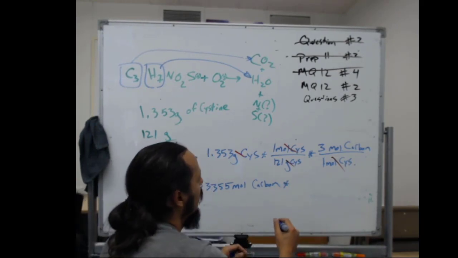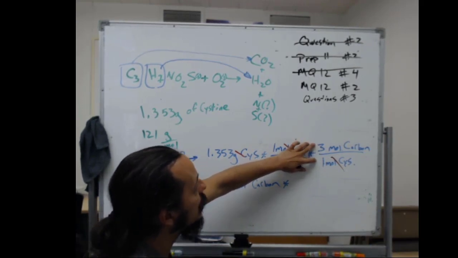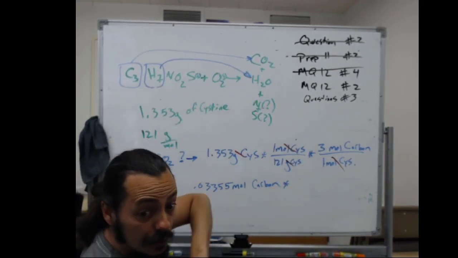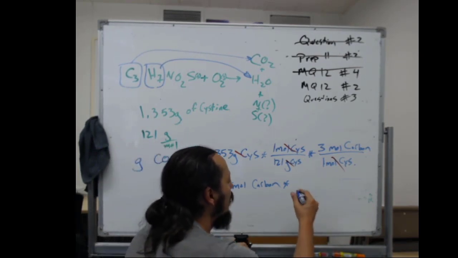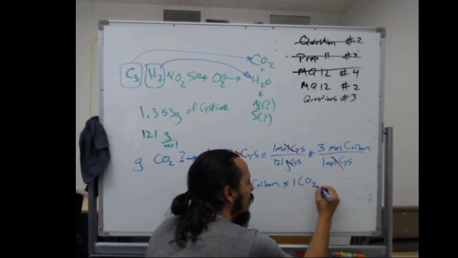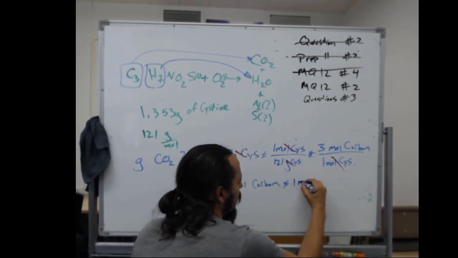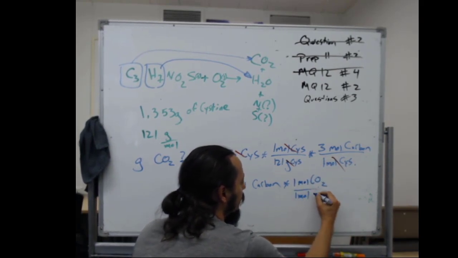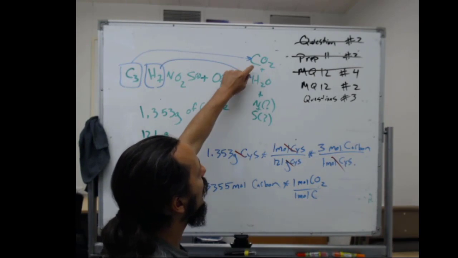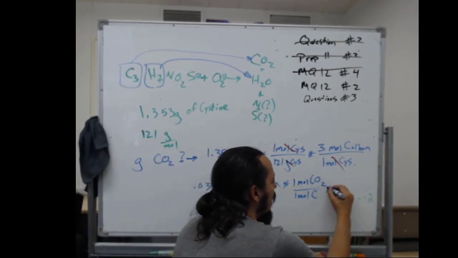This is essentially our mole ratio figured out from this atomic relationship. I can go ahead and say for every carbon there is 1 CO2, 1 mole CO2 for every 1 mole carbon. There's only 1 carbon in the CO2, so that's 1 CO2 per carbon. And then I can multiply.